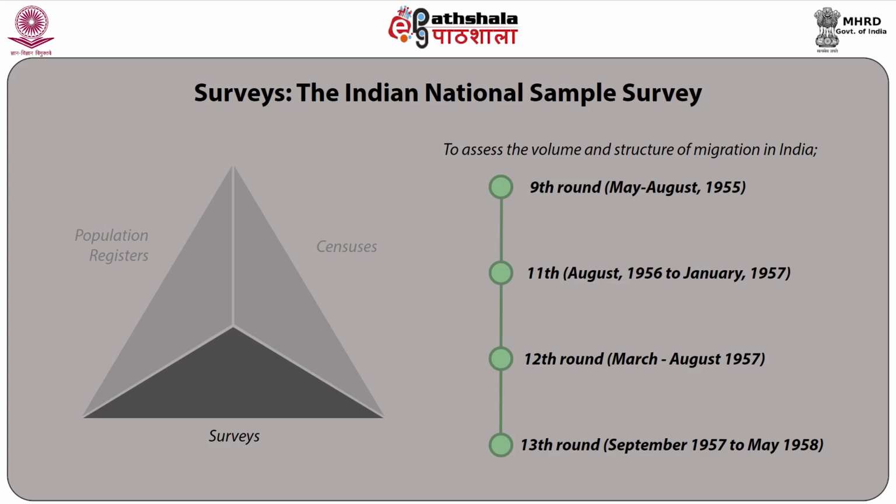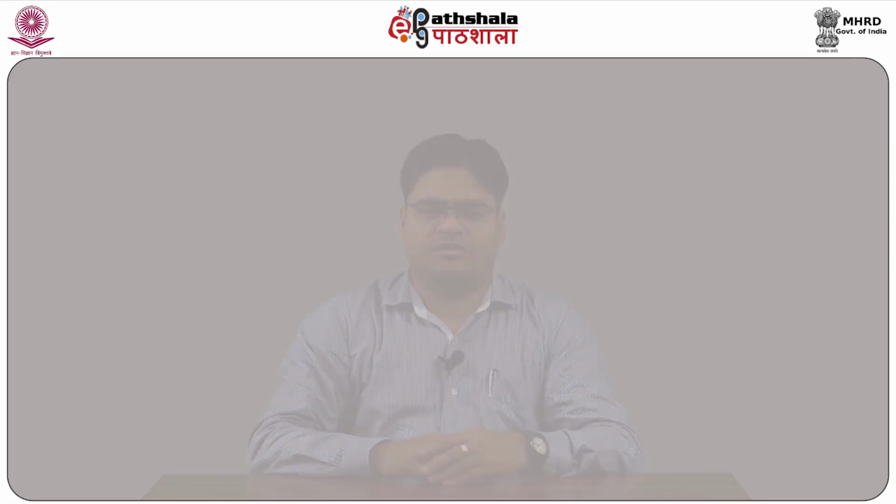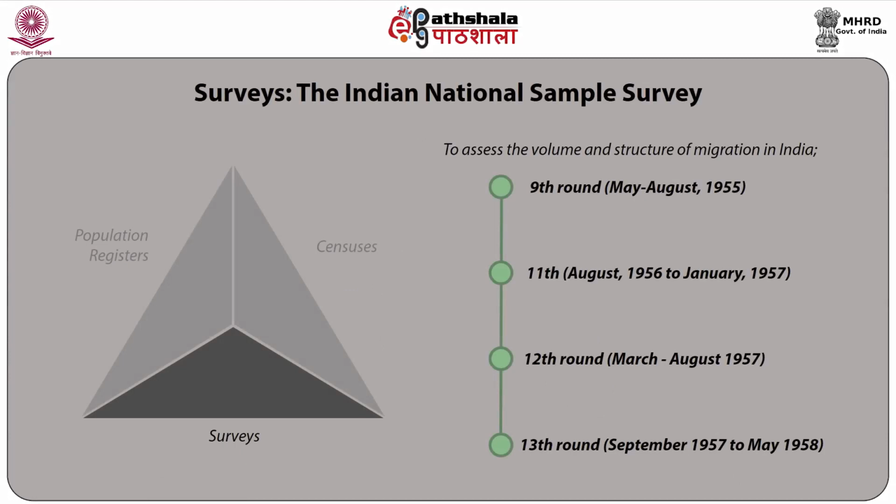In the 9th, 11th, and 12th rounds of survey, migration particulars were collected for the labor force population only. From the 13th round of 1957-58 onwards, more detailed information on migration has been collected.